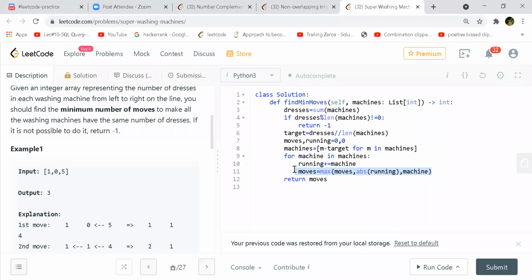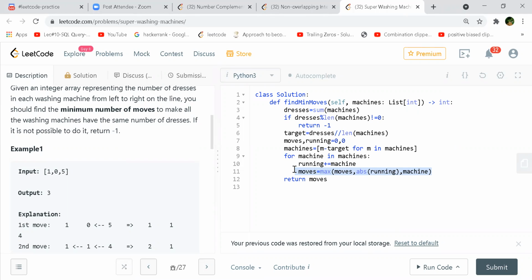why are we taking the max? Because, see, on line number 8, he is creating the same array, the machines array, actually modifying it, and he's trying to find out the deficit or surplus for each and every machine.